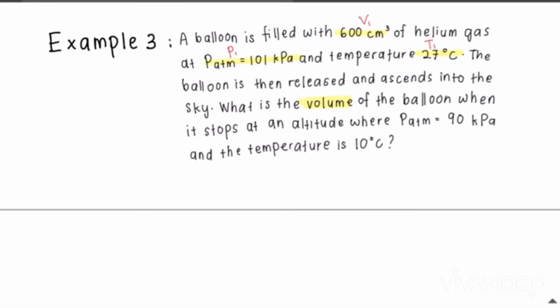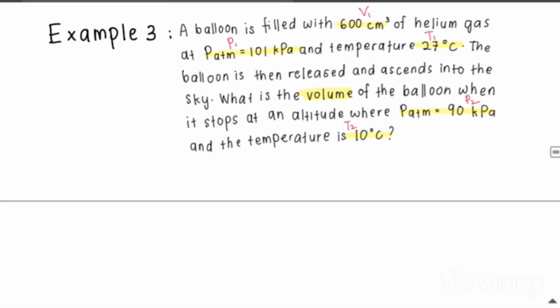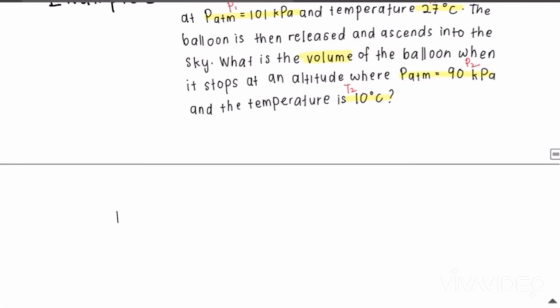So the final atmospheric pressure is 90 kilopascal, which is the P2, and the temperature is 10 degrees Celsius, which is the T2. Once you have all this data, you just need to substitute it into the formula of P1 V1 over T1 equals P2 V2 over T2.